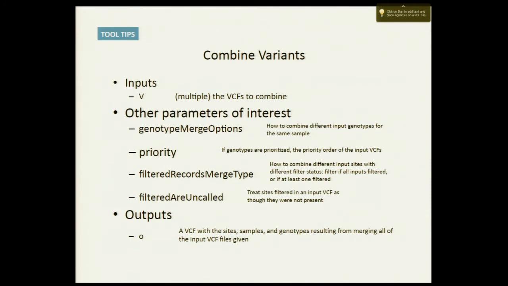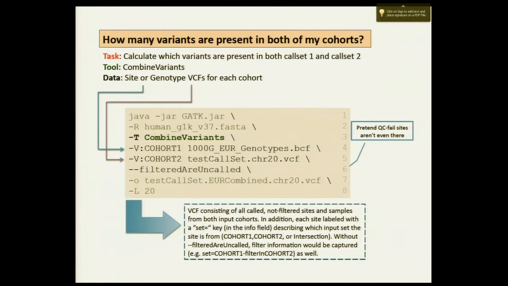Then you have how do you merge genotypes together, and what priority do you do so? This is all on the GATK docs, and it can get a little bit complicated depending on the complicated structure of your particular experiment. But in the simplest case, it's just provide what you want to put together and tell it where to stick that information.